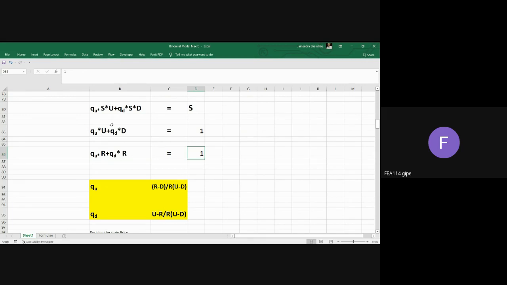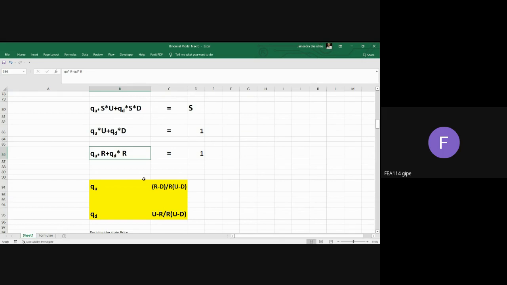So these two equations are the cornerstone, or the founding stone, of the option pricing model in our case: QU into U plus QD into D equals 1, and QU into R plus QD into R equals 1. Why? Because the 1 rupee is the price of the bond, from where we are going to get 1 plus the R return, which is how we are pricing this.